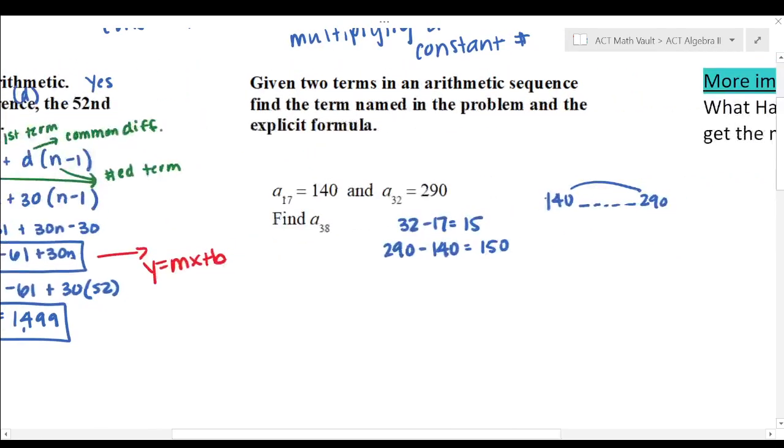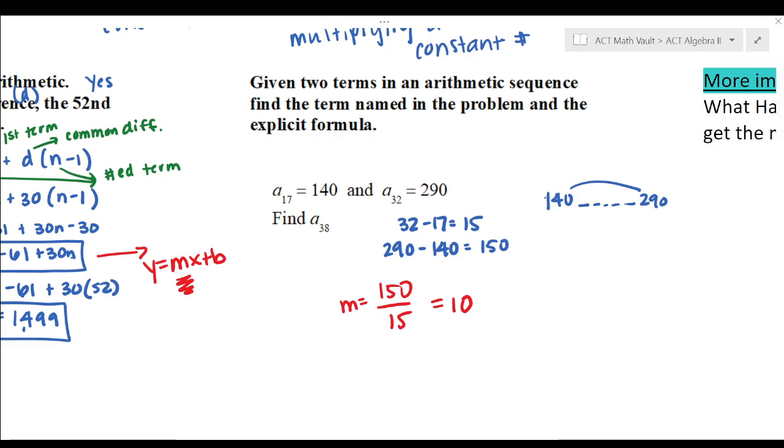And so if I think of this pretty much like slope, like an m, I can just put this 150 over 15, basically the slope, and think of that m as 10.